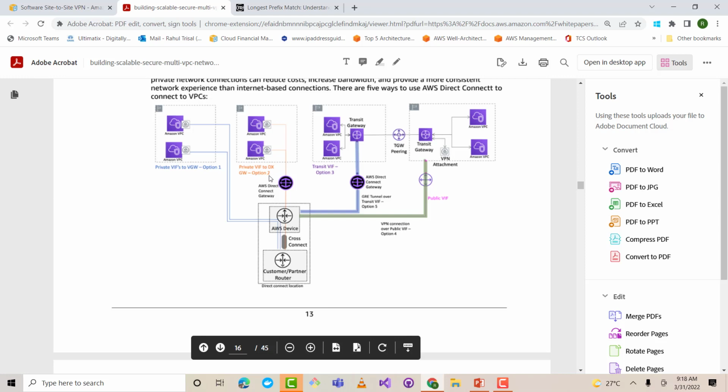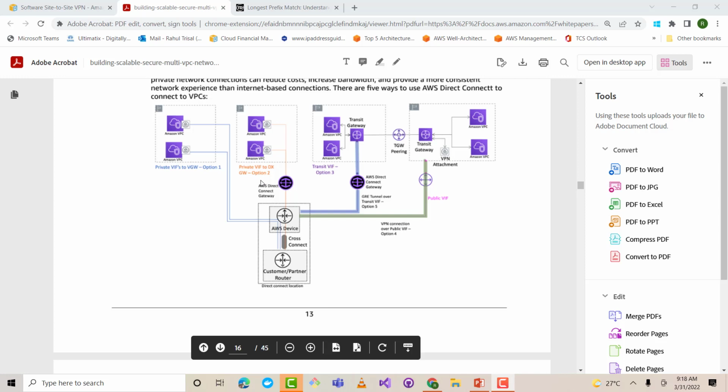Now let's look at the second option. The second option is private VIF to direct connect gateway. In this option, using the direct connect gateway, you have the private VIF which allows you to connect between your data center and the Amazon VPCs. On the Amazon VPC side, you have the virtual private gateway on each of the Amazon VPCs, which connects to your data center via the direct connect gateway using the private VIF.